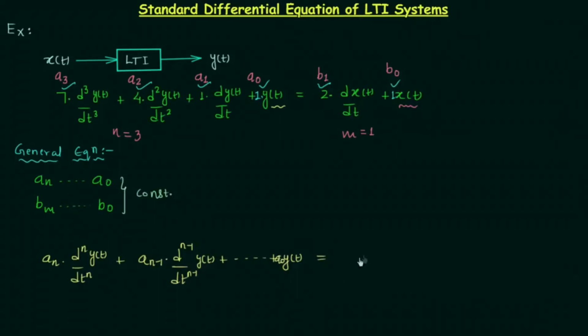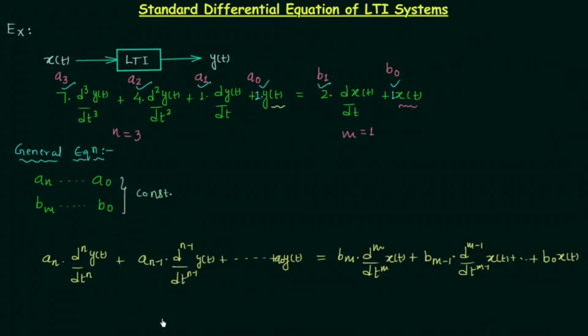Now we will write down the right side of the equation. Here we have the derivatives of input x(t) and input x(t). The coefficients will be b sub m times the mth derivative of input x(t), plus the preceding term will be b sub m minus 1 times the (m minus 1)th derivative of input x(t), all the way to b sub 0 times x(t).